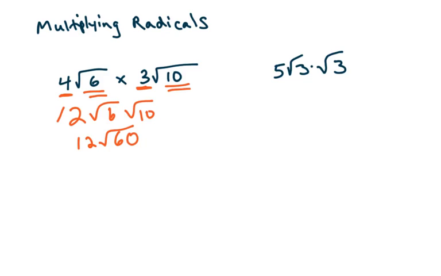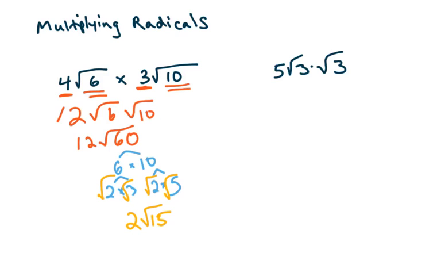Let's see. I'll do this one with the new method. So we have 6 times 10, 2 times 3, 2 times 5. Oh, there we go. So we have square root of 2 times the square root of 2 is 2. Square root of 3 times square root of 5 is the square root of 15.